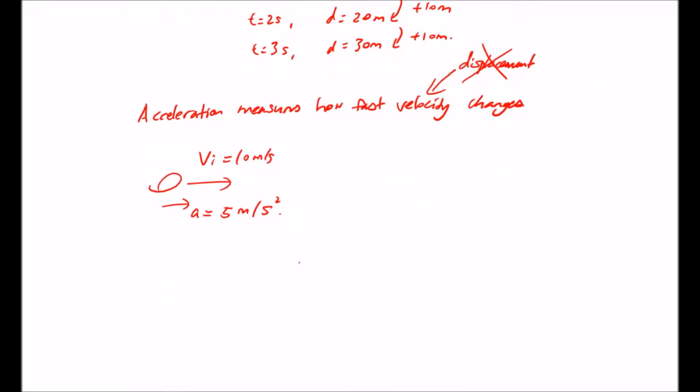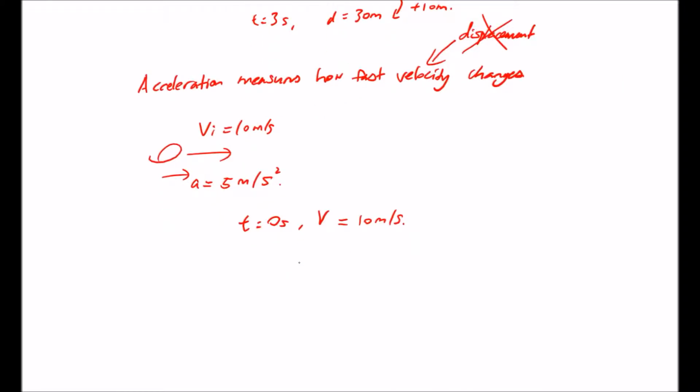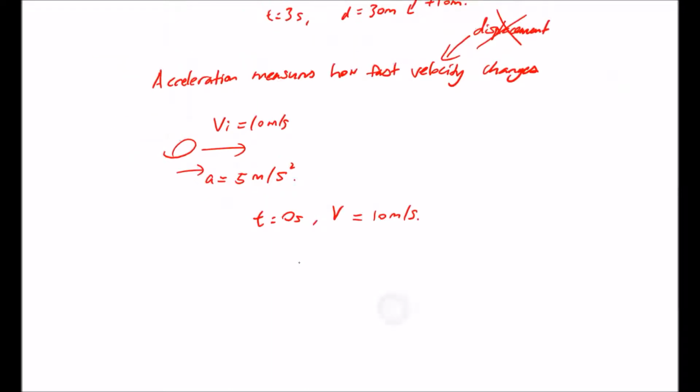So we are going to start a stopwatch when it's traveling at 10 meters per second. At time equals 0 seconds, velocity is 10 meters per second. This is our initial starting condition. And at time equals 1 second, with an acceleration of 5 meters per second squared, it means that velocity increases by 5 meters per second every second, because acceleration measures how fast velocity changes.